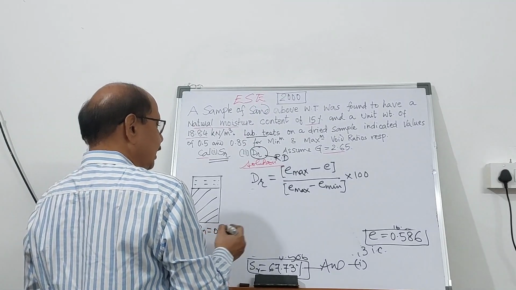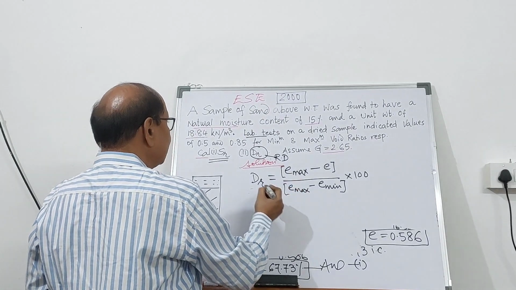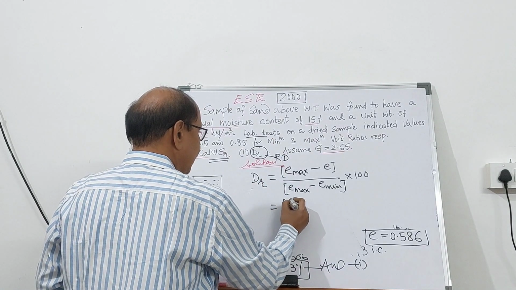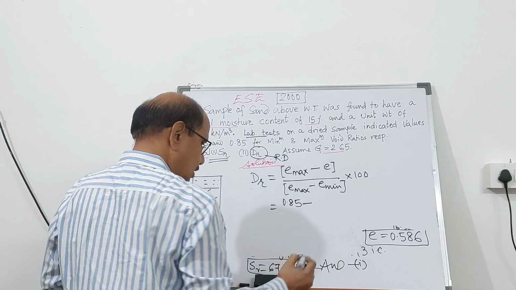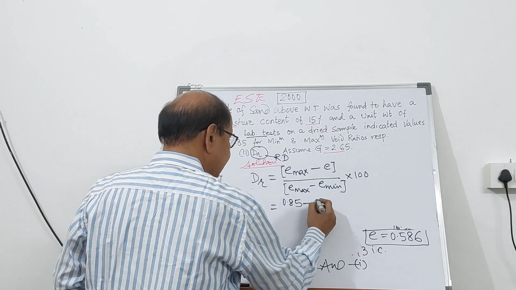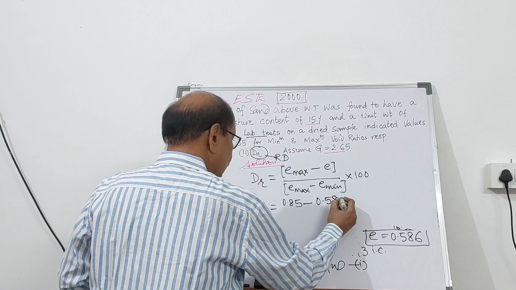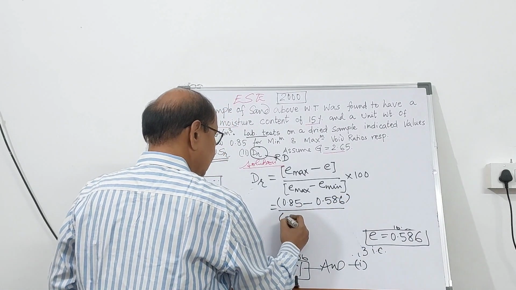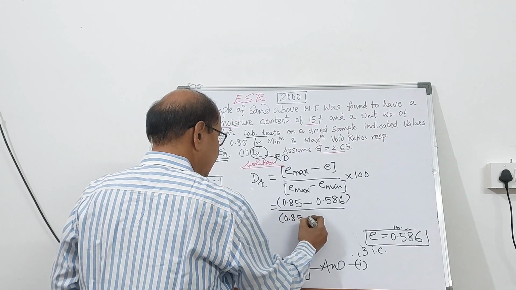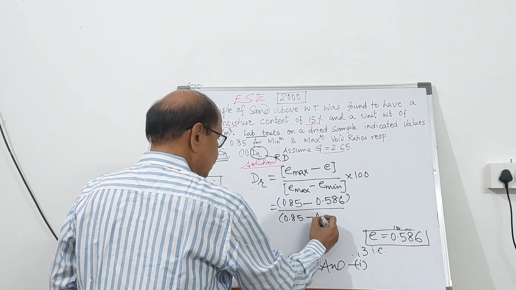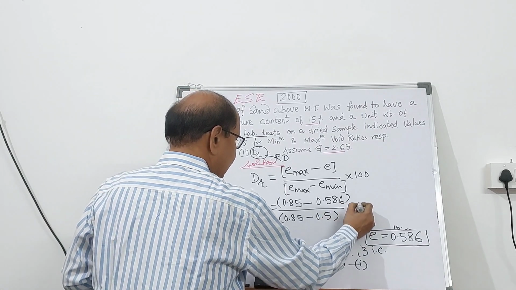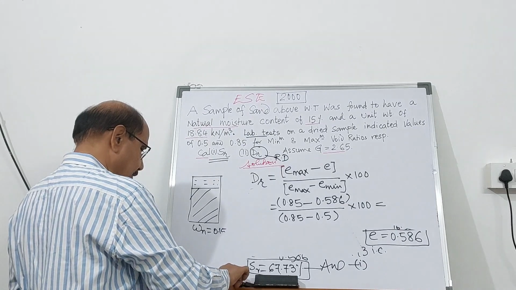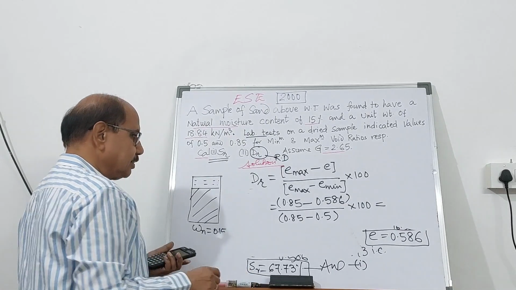Here Emax is already given to us. The value of Emax is 0.85. So 0.85 minus the value of E, 0.586, divided by 0.85 minus the minimum value given to us as 0.5, multiplied by 100. So the relative density can be obtained very easily.